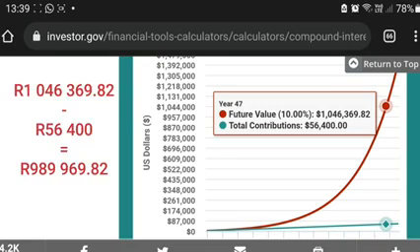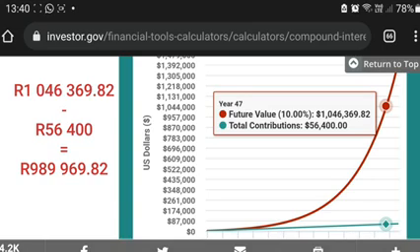1,046,369 Rand, 82 cents minus 56,400 Rand. The difference is 989,969 Rand and 82 cents.